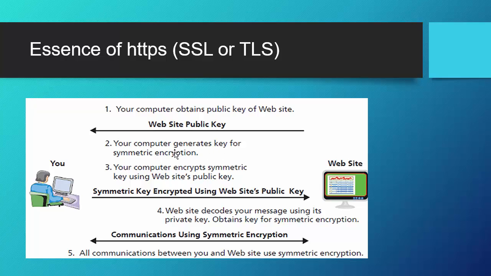Your computer then generates a key for the symmetric encryption. Your computer then encrypts that using the website's public key, and then it sends it back. And the website decodes using its private key, and it's just exactly how I explained it if you were doing email or doing something through the web. But graphically, this is the process that's going on.